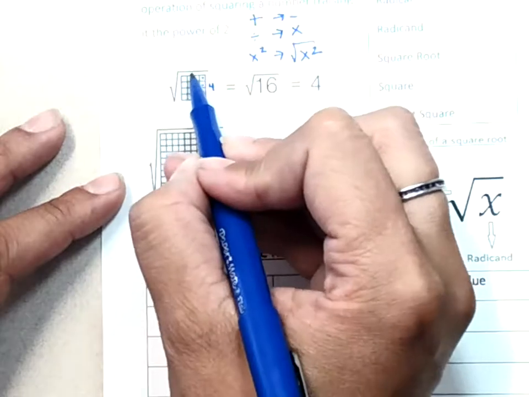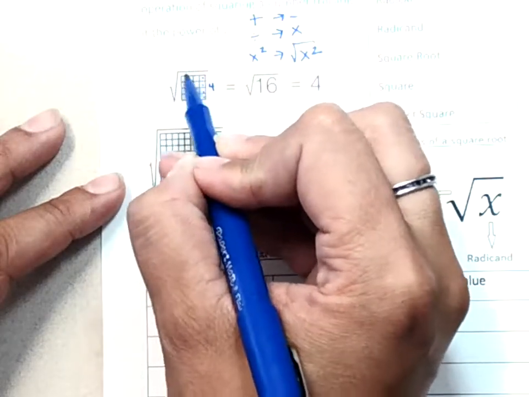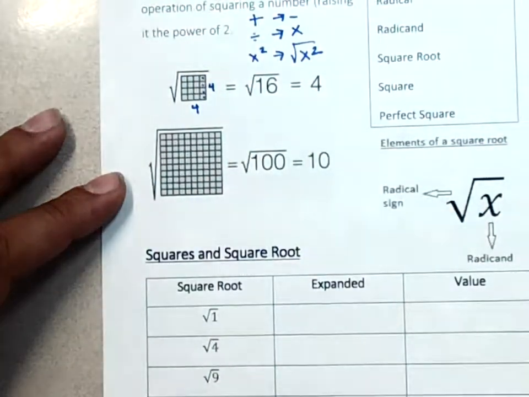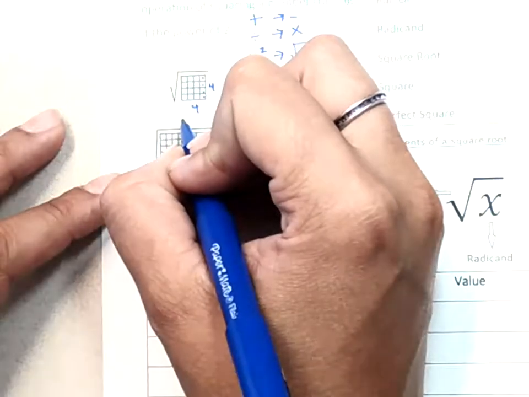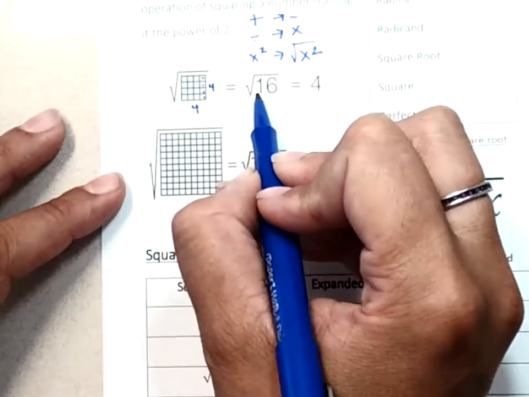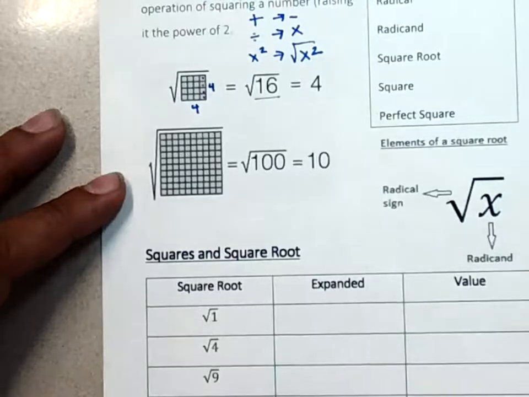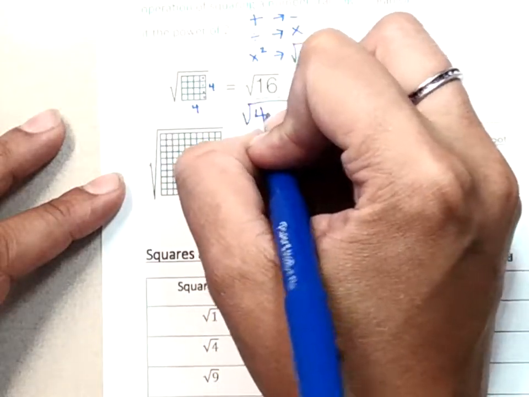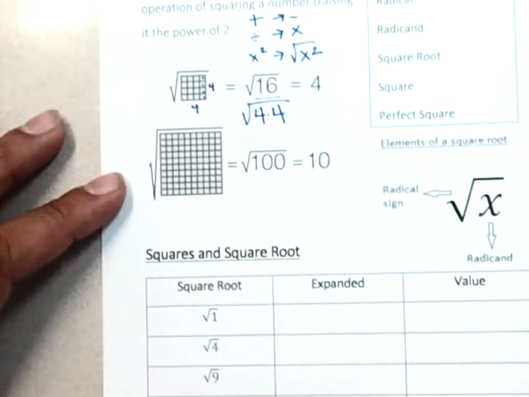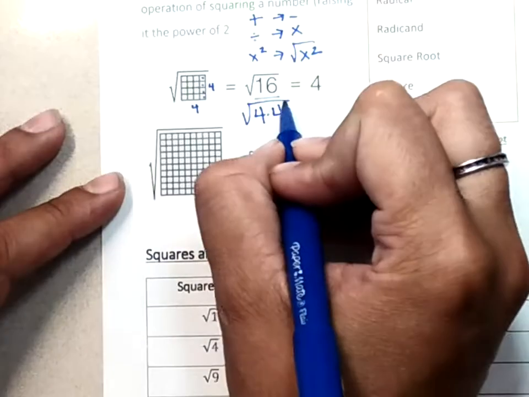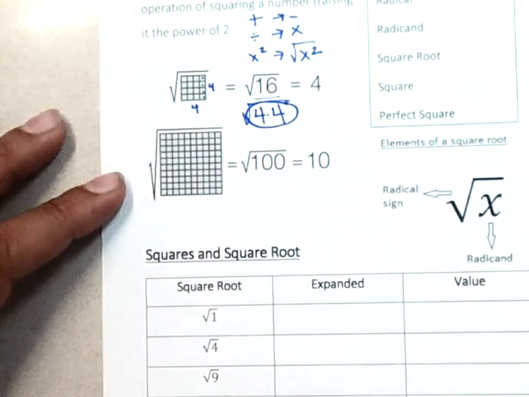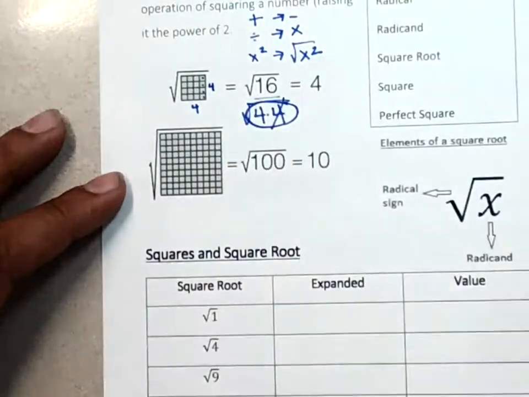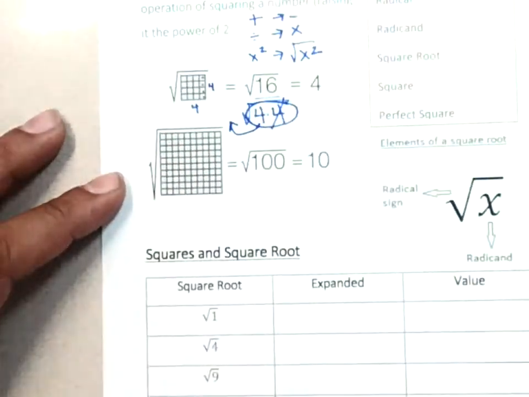So in this area model, 4 times 4 is 16, giving us 16 boxes. Now if we were to multiply those together, we would get 16. And if we were to undo that, so here is square root of 16 in expanded form, we would circle the pair, cross one out, and bring the other outside, giving us a final answer of 4.